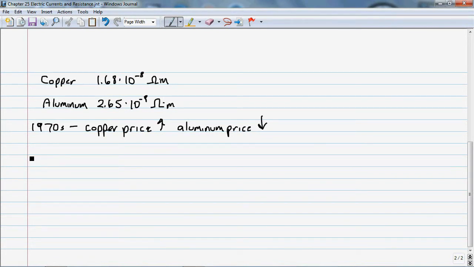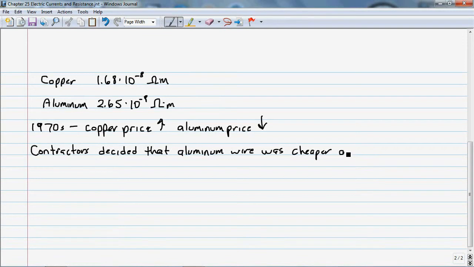And so at that point, contractors or people building houses decided that aluminum wire was cheaper and the resistivity was close to copper.